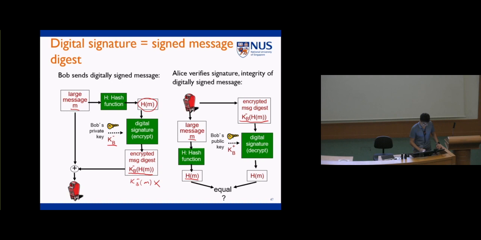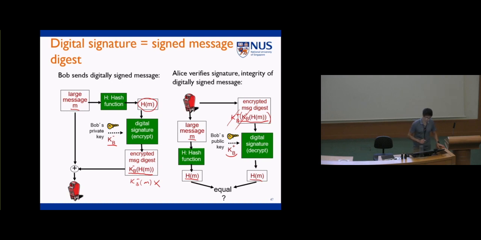She applies then Bob's public key to that signature. And once I apply this, what happens? These cancel out, and I get h of m. And then I check whether this is equivalent to the digest of the message I received from Bob.